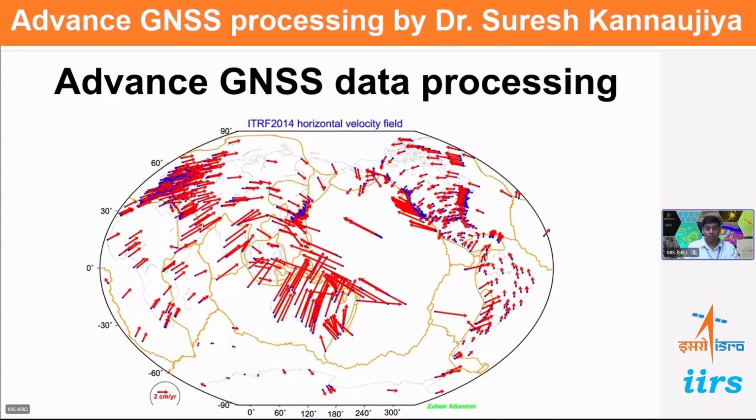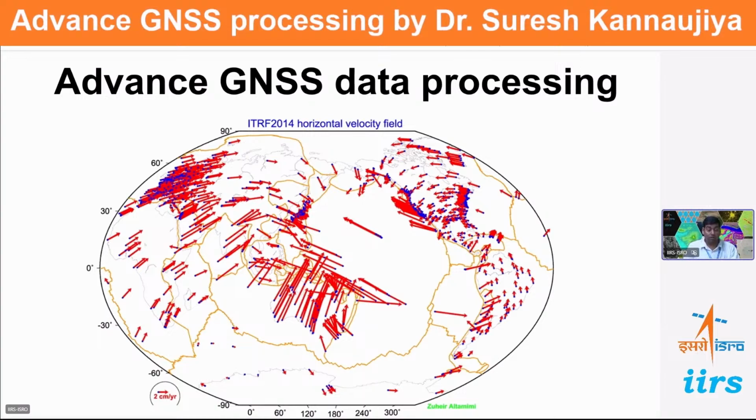Azimuth is also different for different vectors because all the plates are moving in different directions with different magnitudes. So that's why it is very important to monitor these plates, because the different movement of the plates gives rise to different strain accumulation, and subsequently the consequence will be in the form of earthquakes and crustal deformation.